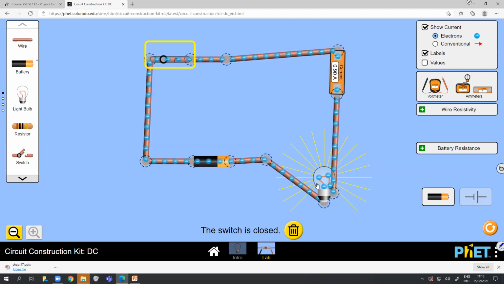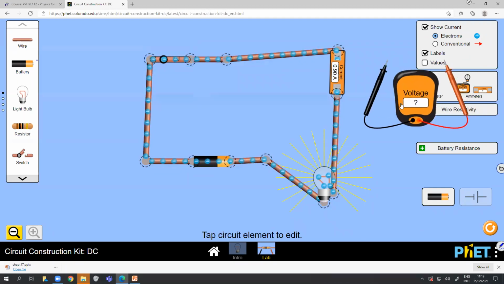So we are measuring the current through the bulb. Simple, obvious, right? You have to connect the ammeter in series with the element you are interested in measuring the current of. Okay, good. Now what? I also want to measure the voltage.